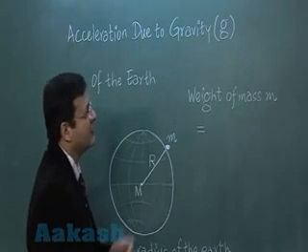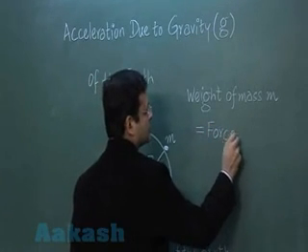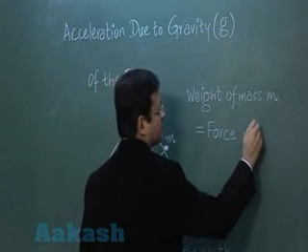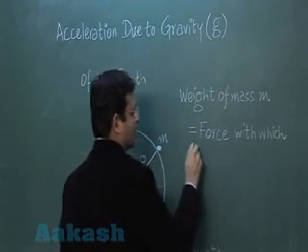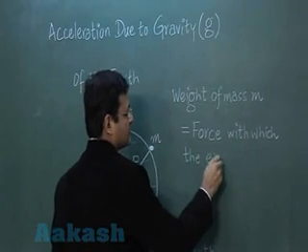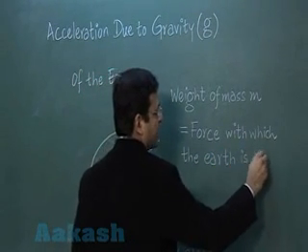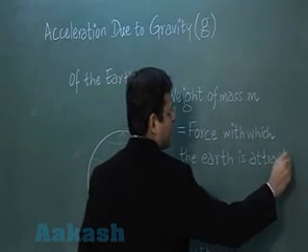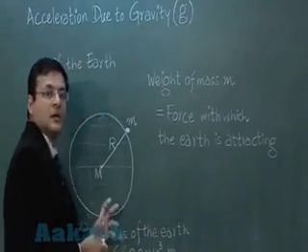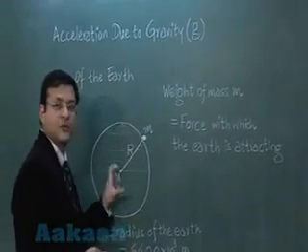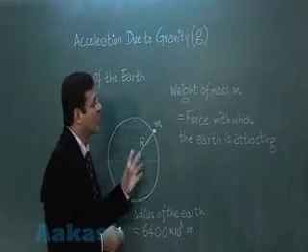So I am writing here: weight of mass m is equal to the force with which the Earth is attracting. The weight is just the force applied by the Earth on this small mass m. Now what is our weight?